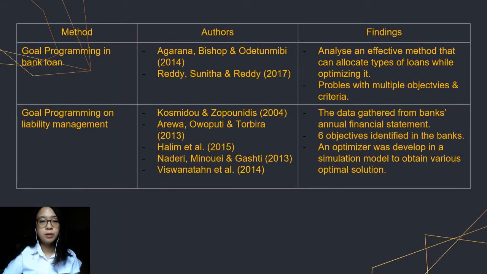Lastly, Cosmito, Arewa, Halim, and Nadari, among others, have applied goal programming to liability management. The data are gathered from the bank annual financial statement. In the study, there are 6 objectives identified in the bank. An optimizer was developed in a simulation model in order to obtain various optimal solutions.